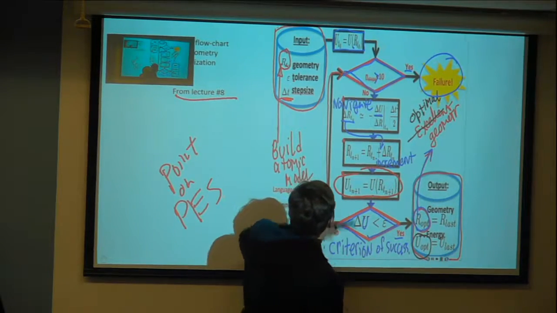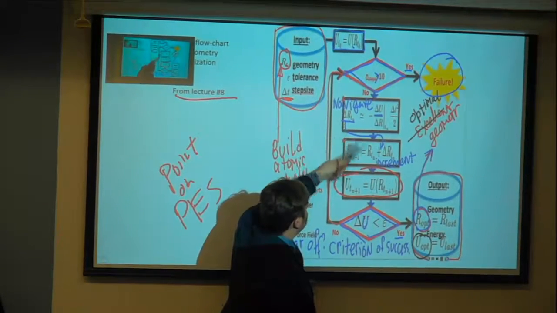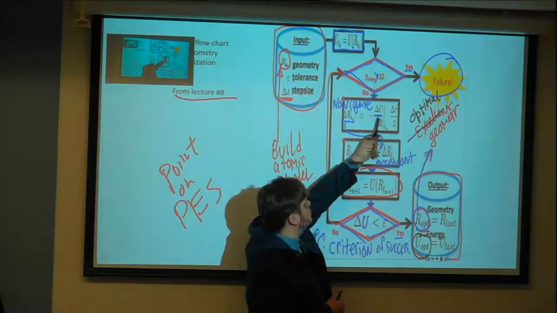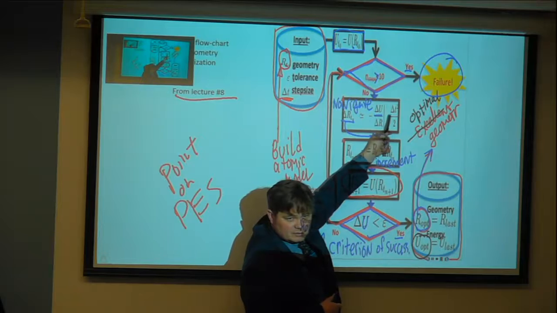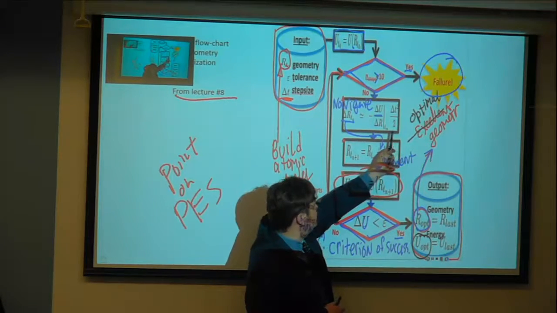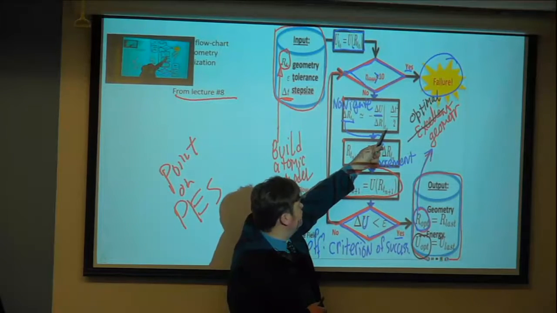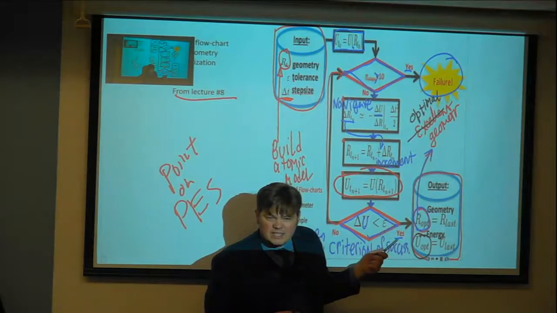So we set up initial geometry, tolerance limit, and step size. And then we compute the gradient of the potential energy surface, derivative over incremental position. Force. Multiply force, well, we also, mass should be numerator or denominator here.